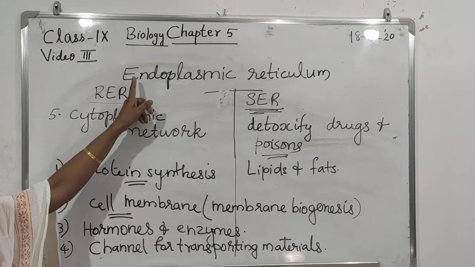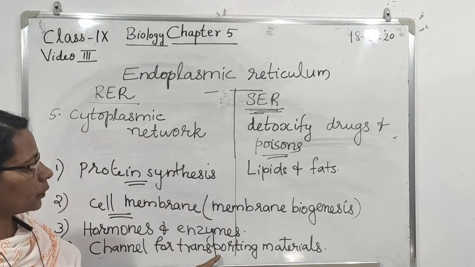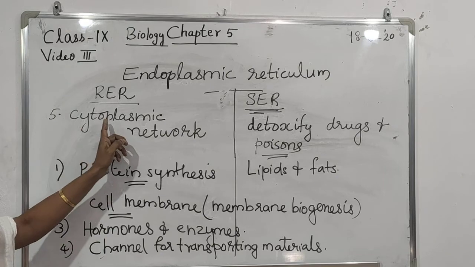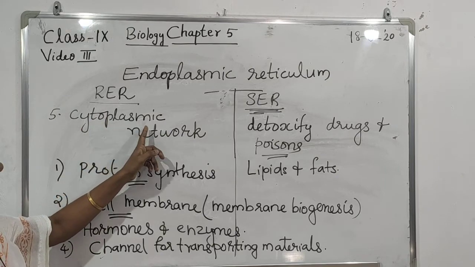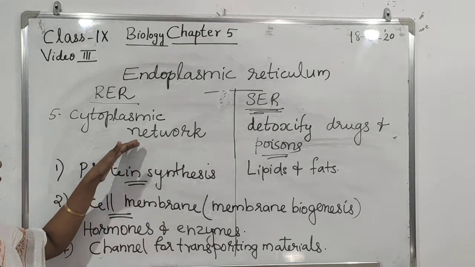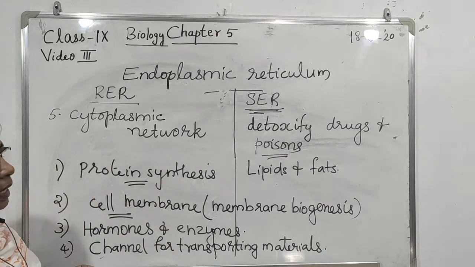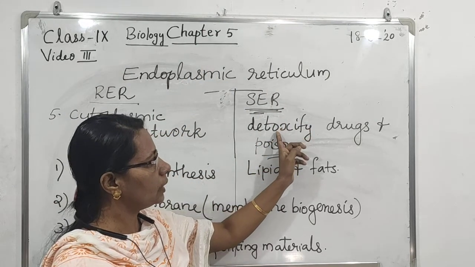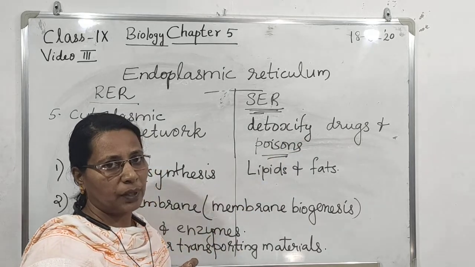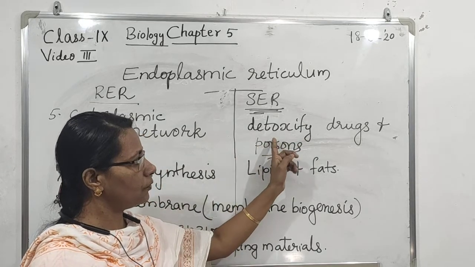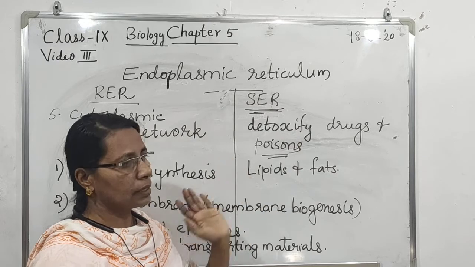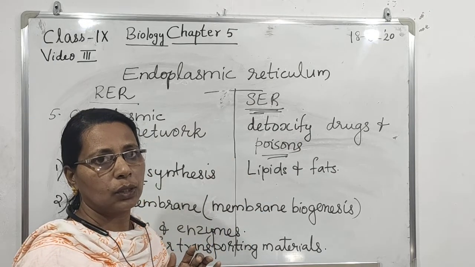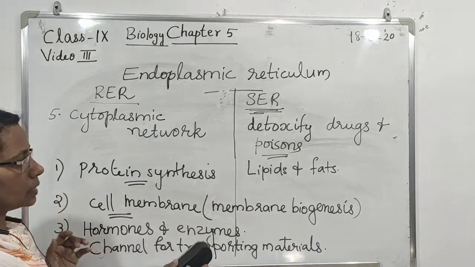The endoplasmic reticulum acts as a channel for transporting materials. It also works like a cytoplasmic network for various biochemical activities. SER has an important function in the liver cells of vertebrates, helping in detoxifying poisons and drugs. Okay, then write the questions.